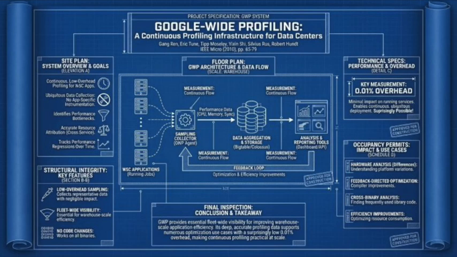Okay, let's unpack this, because GWP makes a staggering promise. It does. Stable, accurate profiles delivered with truly negligible overhead. We are talking about a measured overhead across the entire computing fleet of less than 0.01%. That number just seems impossibly low for the depth of data they claim to capture, and we are going to explore exactly how they engineered their way to that figure.